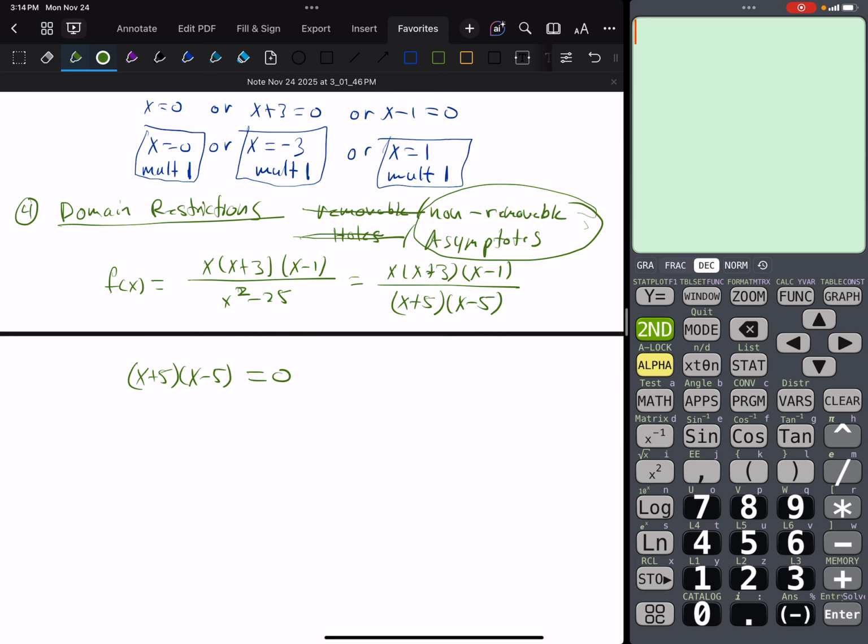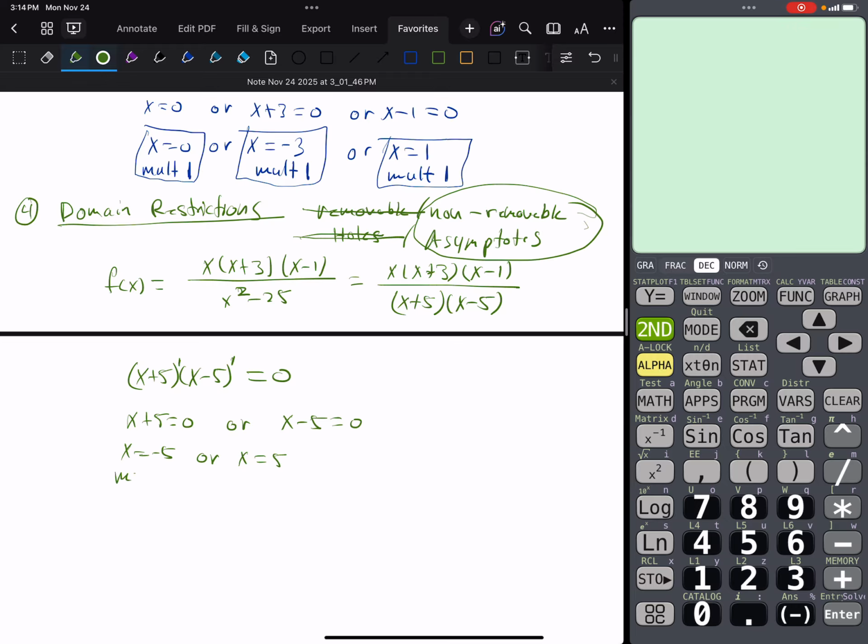Well, this is just another principle of zero products problem. And so I have x plus 5 equals 0, or x minus 5 equals 0. And so I have x equals negative 5, or x equals 5. And these are each, again, that understood 1 power here.